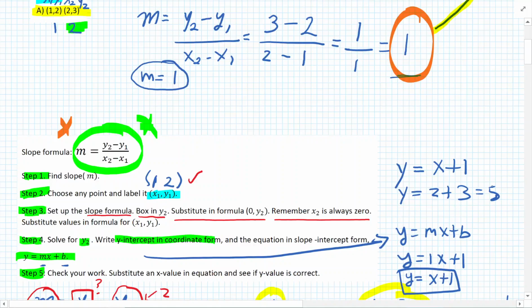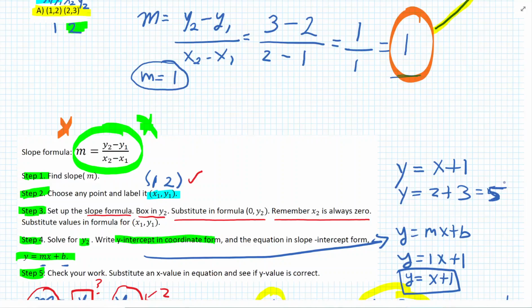Y equals 5. Does that make sense? Well, in this point 2, it says the value should be 3. How did I get 5 when the point says it should be 3?